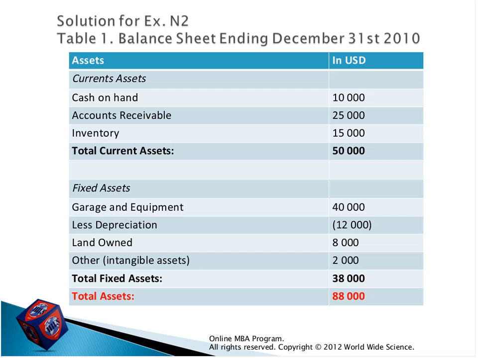From the transactions, we have fixed assets as garage and equipment. Then we have to deduct the depreciation, which is very important, less depreciation, land owned, and other tangible and intangible assets. The total assets come to around 88,000, right?